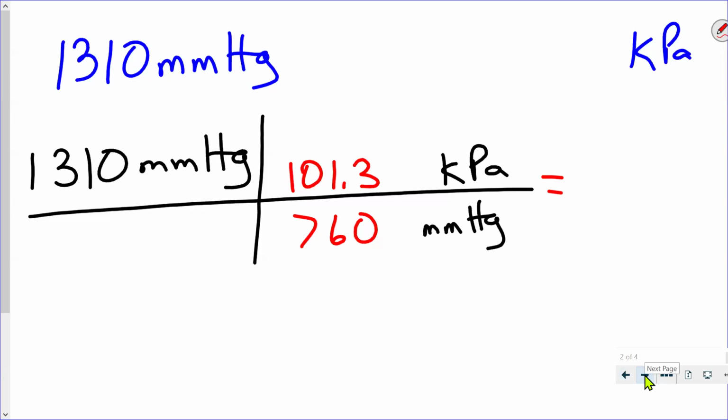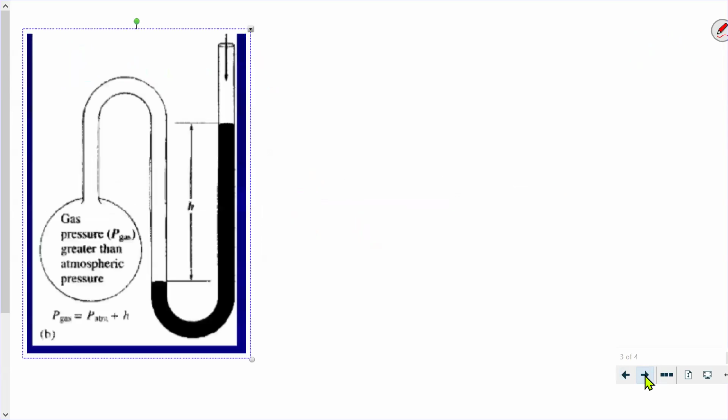So I want to briefly go over how we would use this with manometers. Okay. In this sample here, the gas is in the bulb, and we need to figure out who is pushing more. Is the gas pushing more, or is the atmosphere pushing? After we figure out that piece of information, in this case, it looks like the gas is pushing more than the atmosphere.